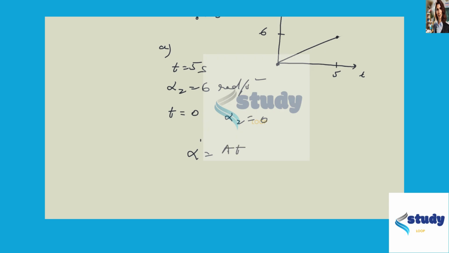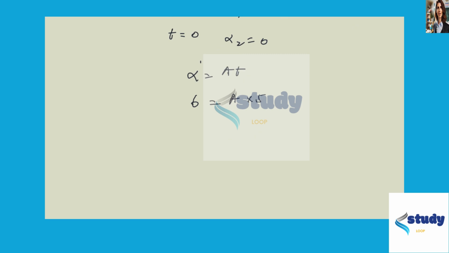So this is the equation of this curve, and with alpha equal to 6 and t equal to 5, a has a value of 1.2. So alpha equal to 1.2 t is the equation of the angular acceleration for this disk.